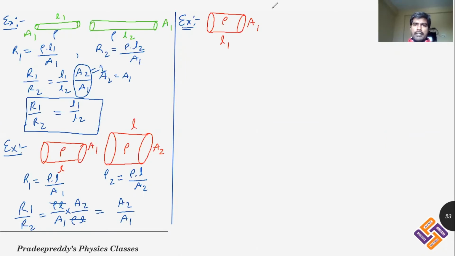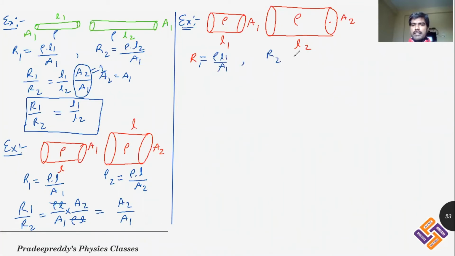You are taking another conductor of length L2, area of cross section A2, but the same material rho. In such a case, you can write the resistance: first resistance is rho L1 by A1. For the second conductor, R2 is equal to rho L2 by A2.